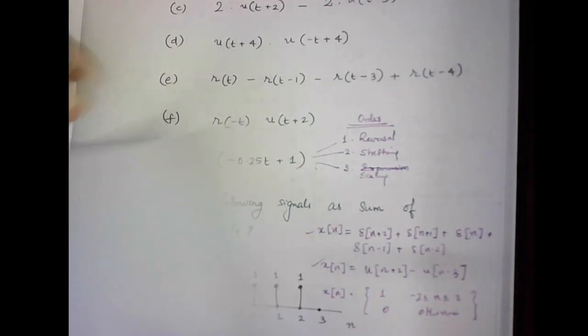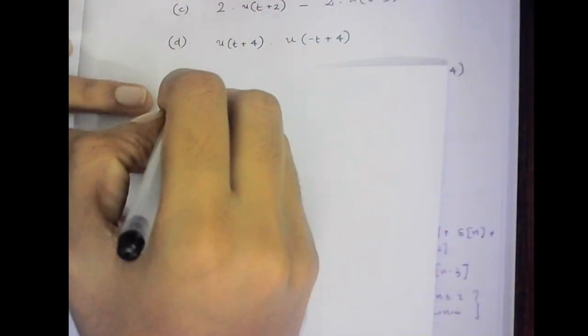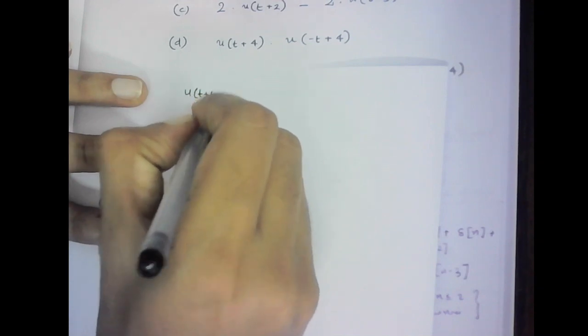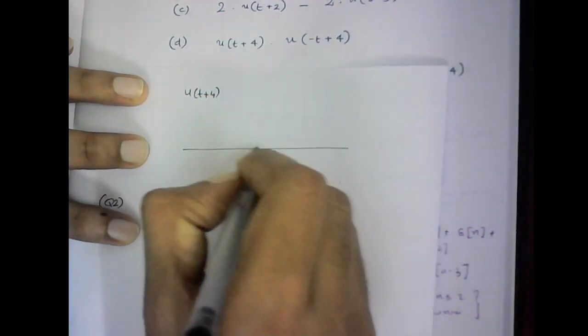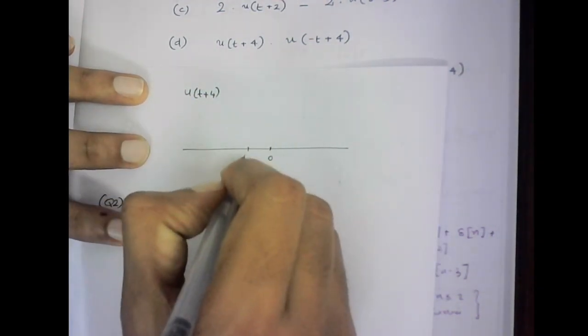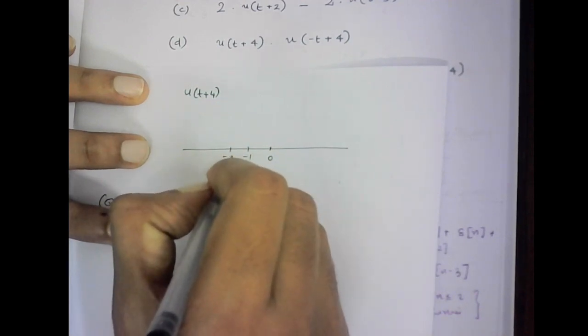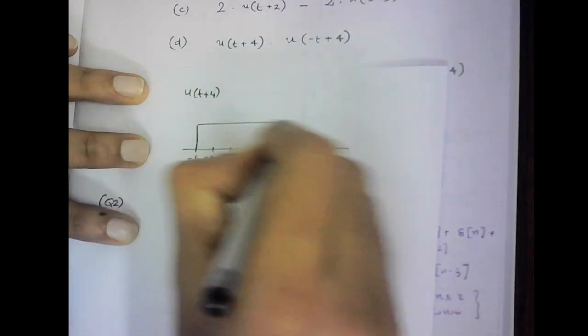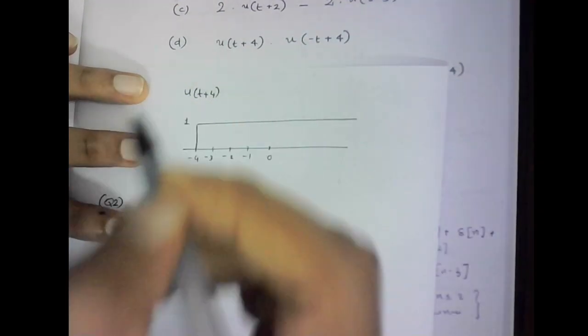Let me try to solve this. So what is u of t plus 4? It is a signal advanced by 4 instances, so it will start from here, and the magnitude is unity.